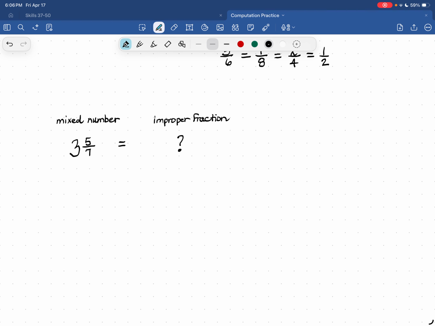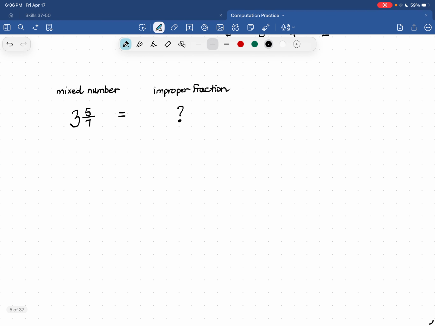Well, I used to tell my students when you need an improper fraction, you need to make the mixed number mad.